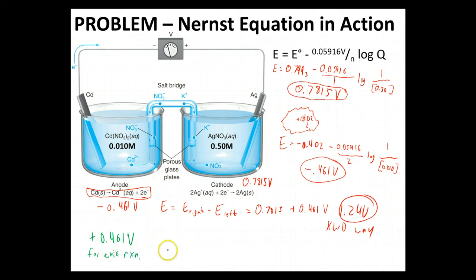Now the appropriate way to handle that is we're just going to add the two energies together, because we've already accounted for the sign change by changing the sign here. So now it turns into total energy equals energy of the right plus energy of the left. We add those together, and you're going to get the exact same value. A positive number plus a positive number is going to give you 1.24 volts once again. So we get the same thing if we do the plus way. So pick one and stay consistent with it, and you'll be doing okay.